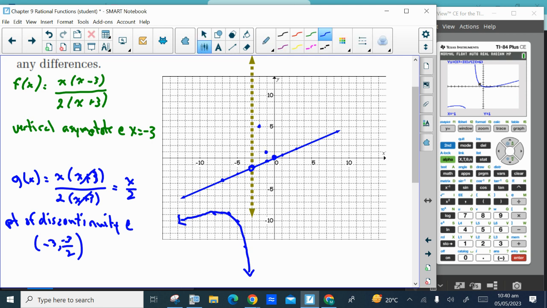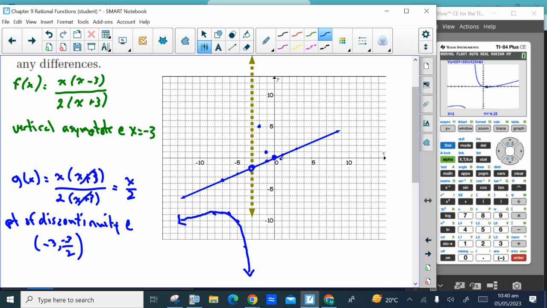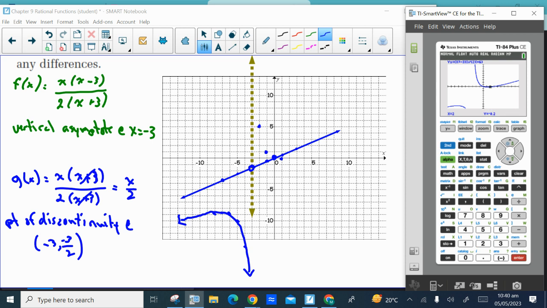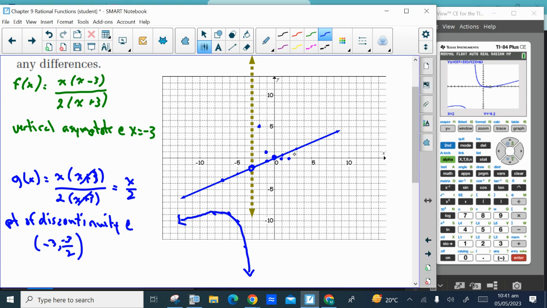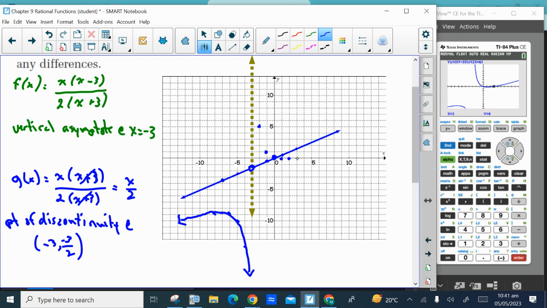Because positive 1 was negative 0.25. Positive 2, negative 0.2. Positive 3, 0, and so on.